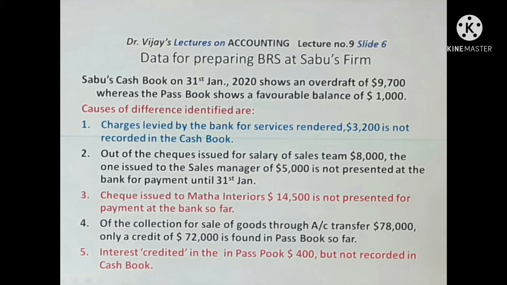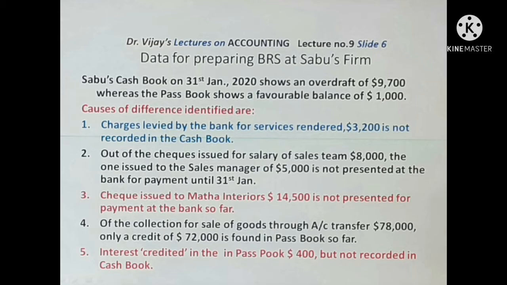The causes of difference between the two balances are identified and listed. Number 1 is charges levied by the bank for services rendered, $3,200, not recorded in cash book. Bank levies charges for services rendered. For the month it is $3,200. It is recorded in the passbook, but it is not in cash book so far.